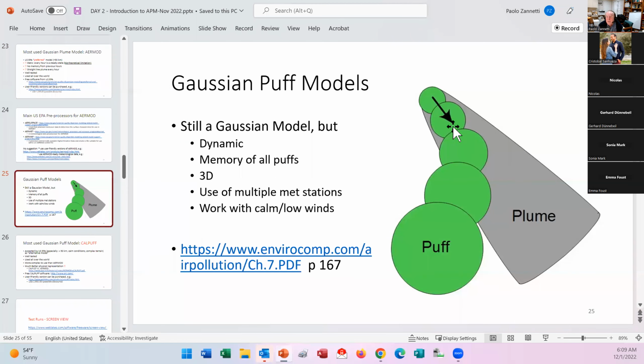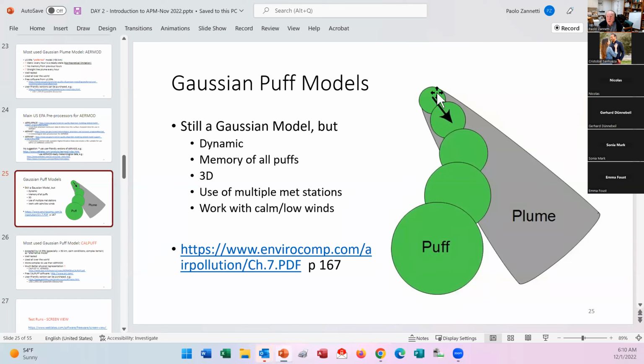Instead of having a single plume for each hour, we have a generation of puffs, maybe every 5 minutes. So from each source, we have a new puff generated every 5 minutes. And this really has improved the theoretical capabilities of our modeling approach, because now we are able to deal with dynamic simulation instead of static simulation.